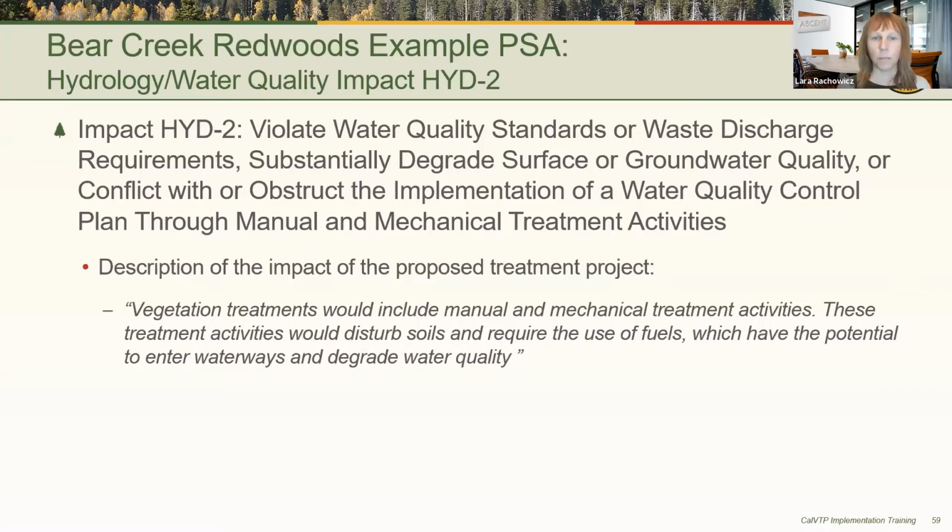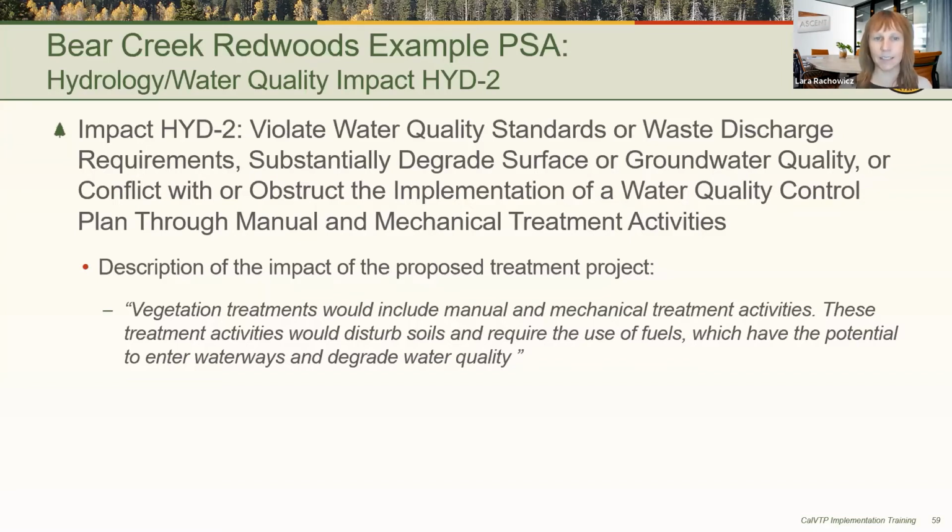This looks at whether a project would violate water quality standards or waste discharge requirements, substantially degrade surface or groundwater quality, or conflict with or obstruct the implementation of a water quality control plan through manual or mechanical treatment activities. So the first step in our process is to describe the impact of the proposed treatment project.